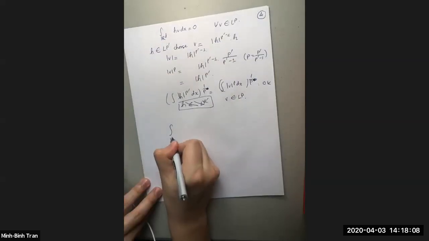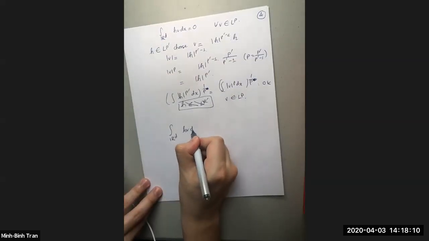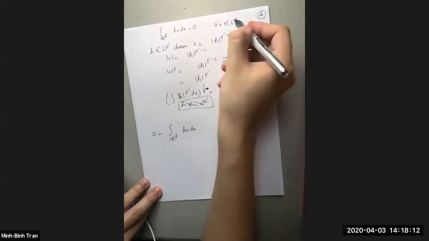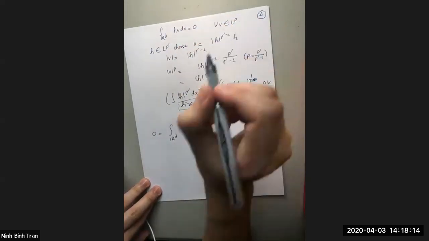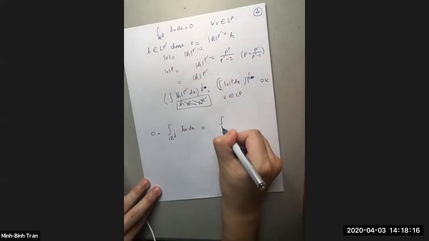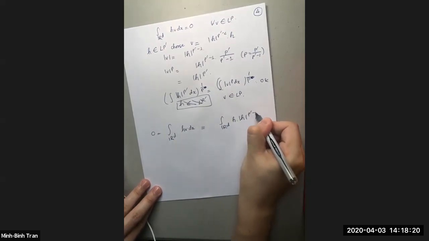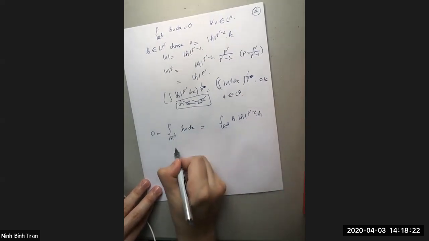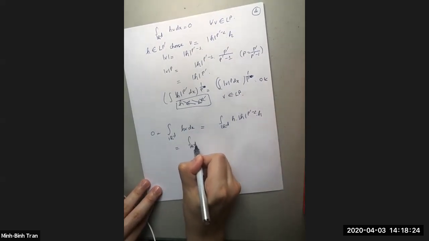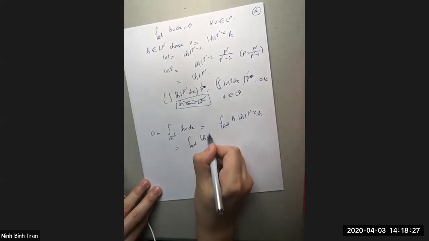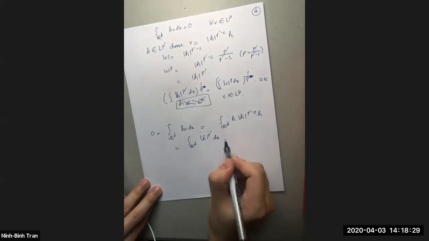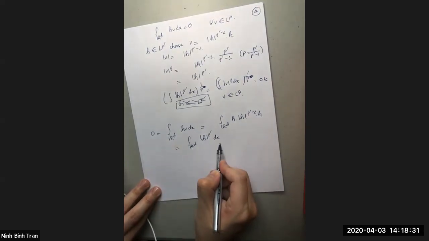Right. So now I'm gonna have what? The integral of HV dx will be 0 by definition, right? By this property, which means that I have the integral of H times H^(P prime minus 2) times H, right? And this is going to give me the integral of H^(P prime) dx, and this integral has to be 0.